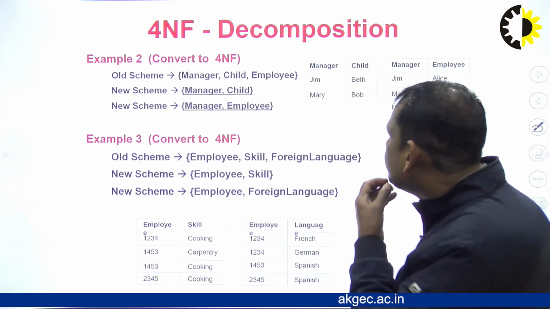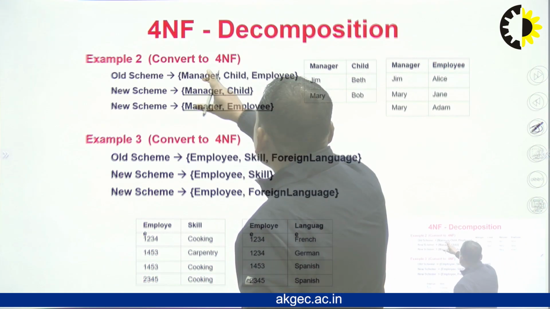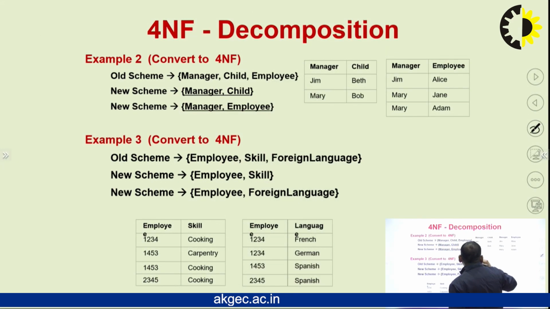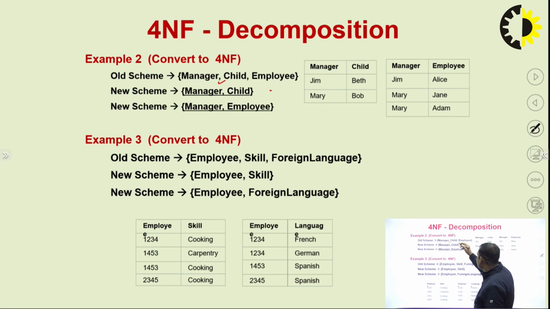For example, fourth normal form table structure is manager as first attribute and child as second attribute, employee as fourth attribute, and new schema manager and child and manager employee.